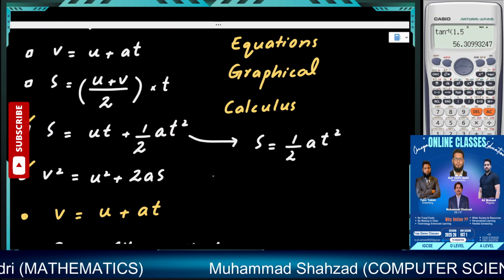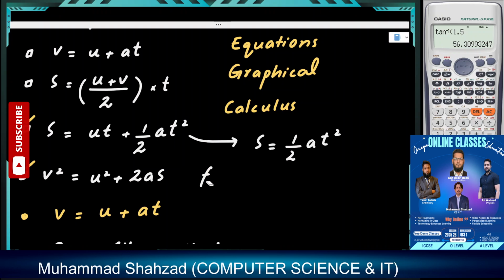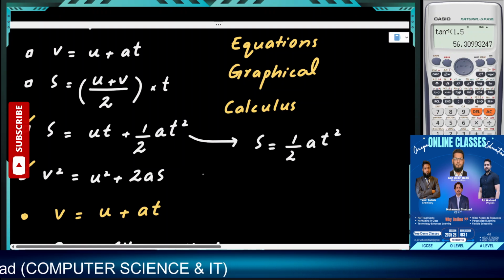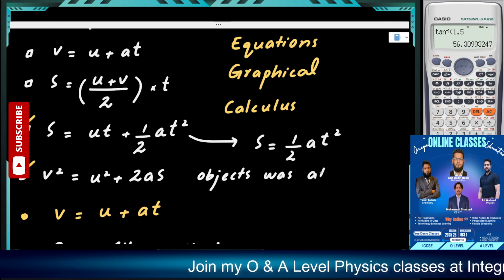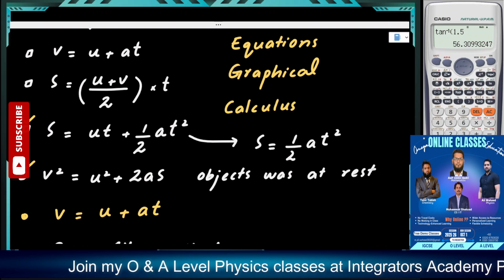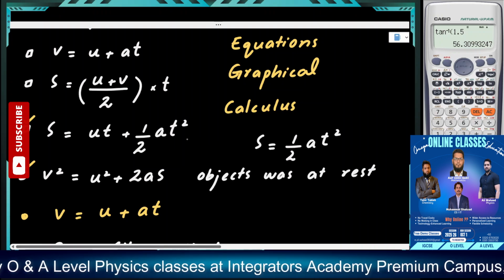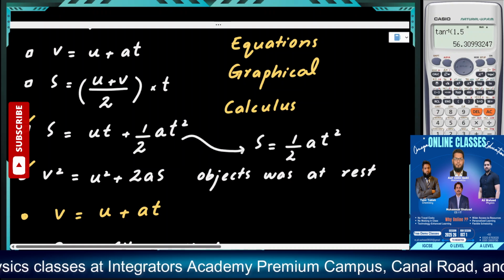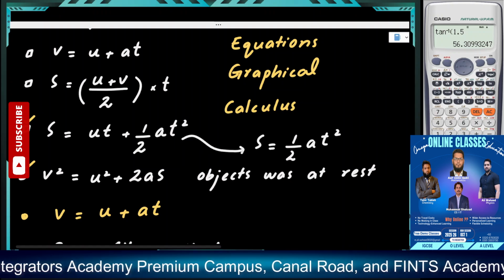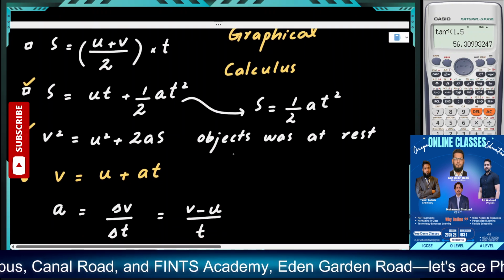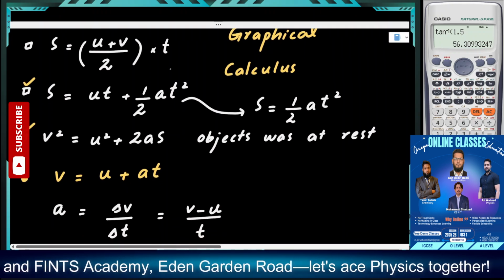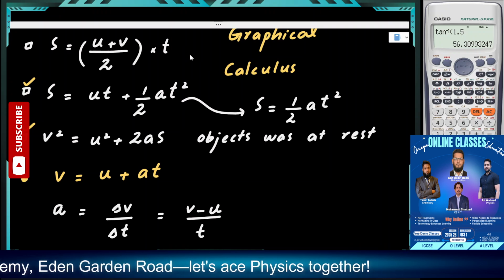Well, that is the case when the object was initially at rest, when the object was not moving initially. So the initial velocity would be 0. And this is mostly used in free fall motion.